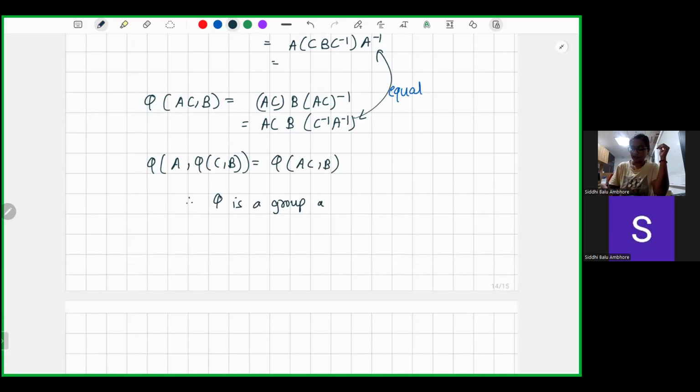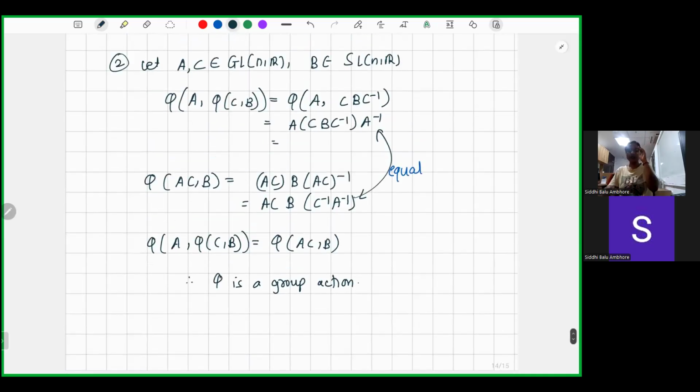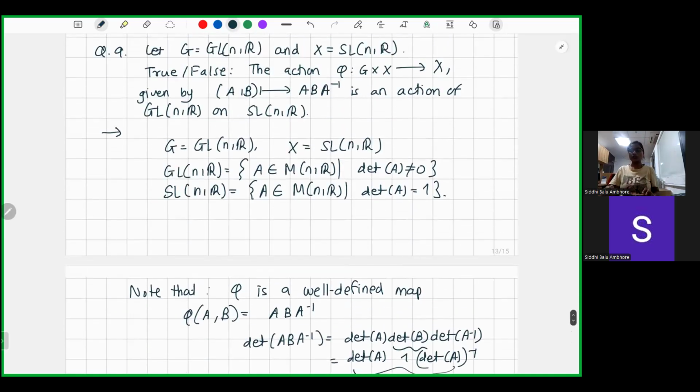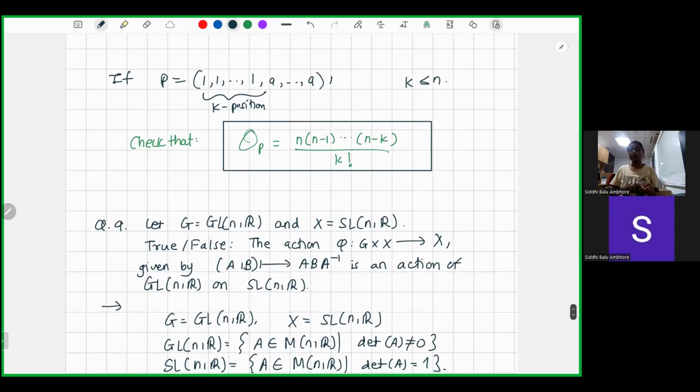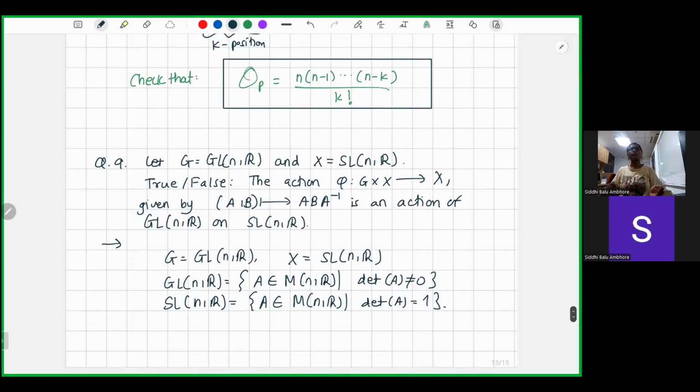and therefore phi is a group action. And this group action which we defined here is not only there for matrices.